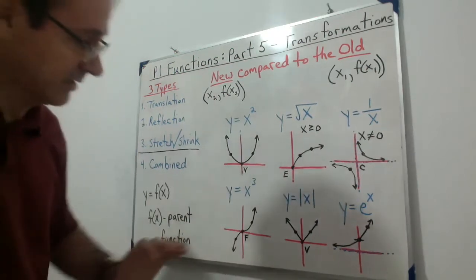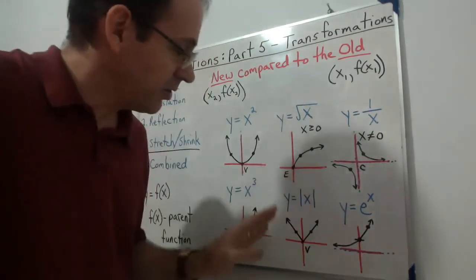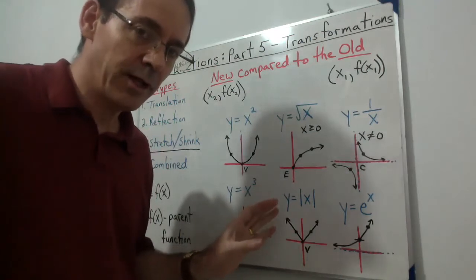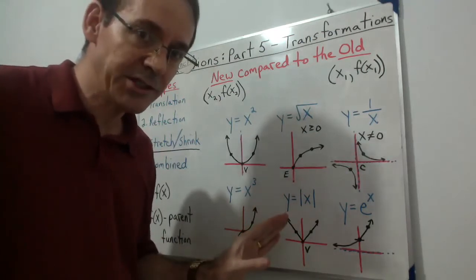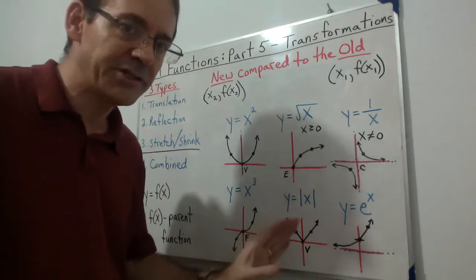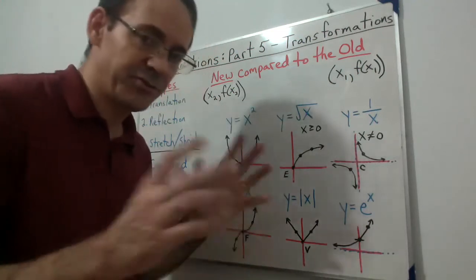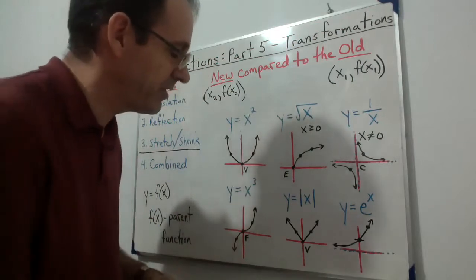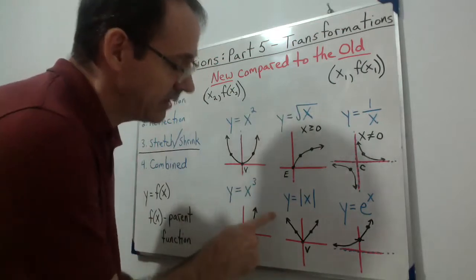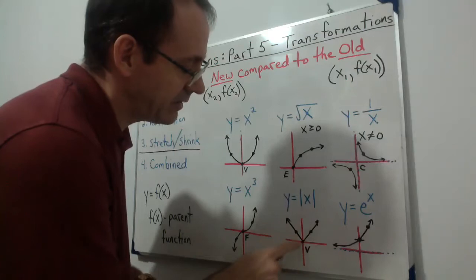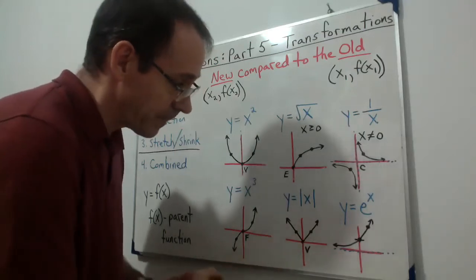So those are cubics. This is your, some people call it absolute value function. It can also be called modulus. So modulus and absolute value are just two names for basically the same thing. And so here you get a vertex again.